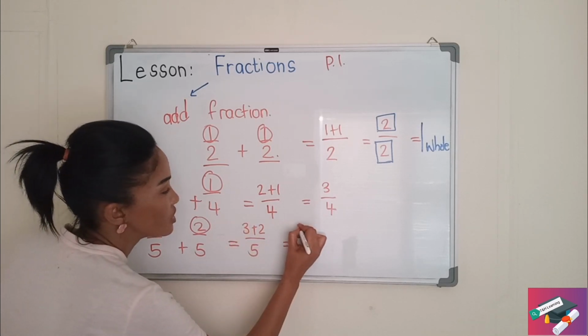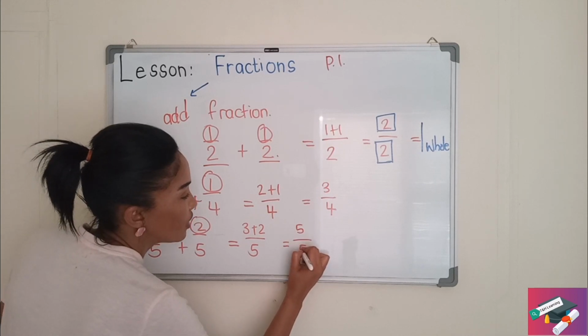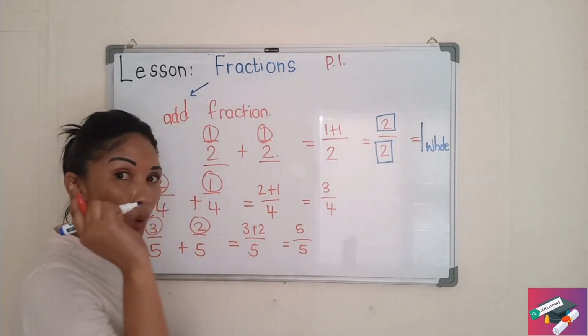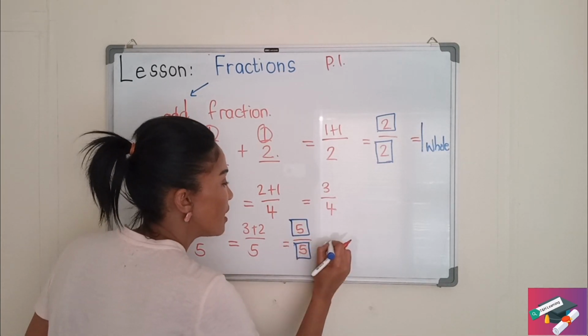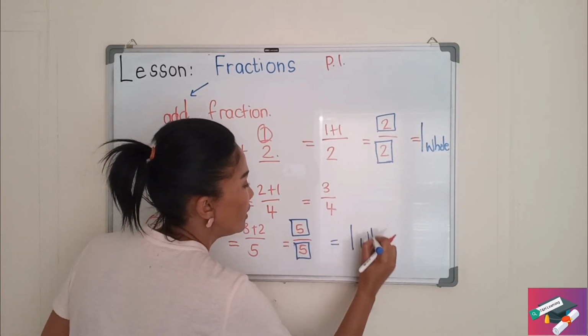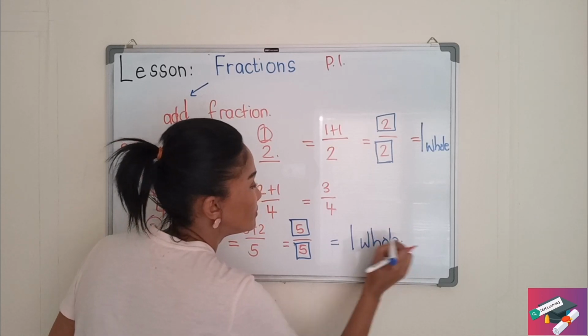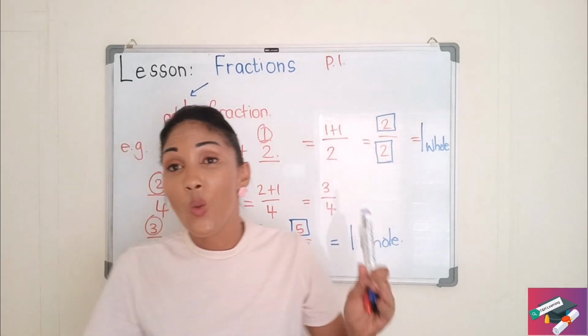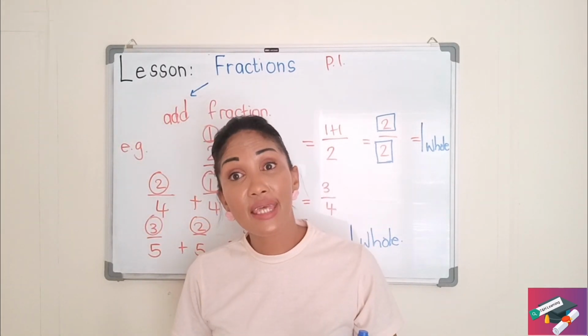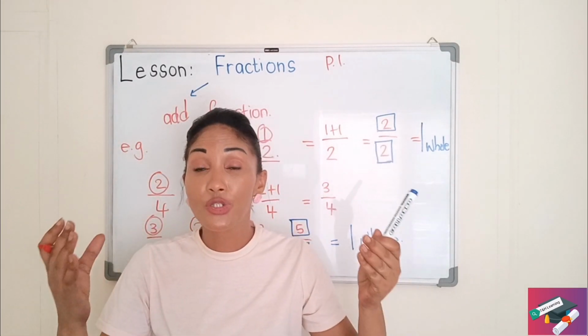So 3 plus 2 is equal to 5 over 5. When my numerator and my denominator are the same, they are called one whole. Right, that is easy, right? When your denominators are the same, you can add your numerators together.